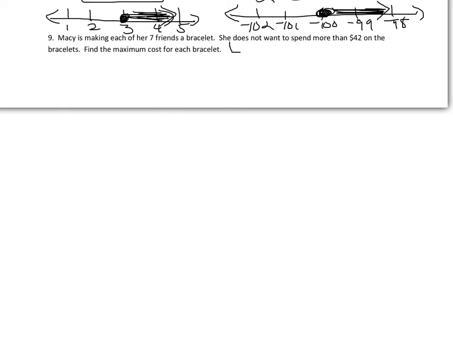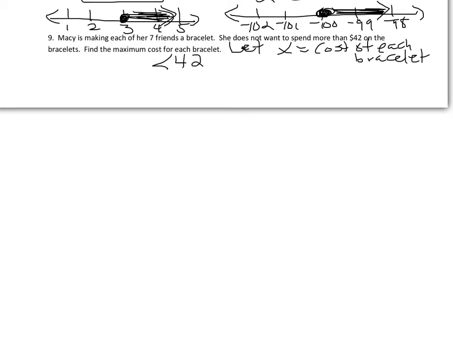So when we define our variable, we're going to let x equal the cost of each bracelet. Okay, so she doesn't want to spend more than $42, so we really want her cost to be less than $42.